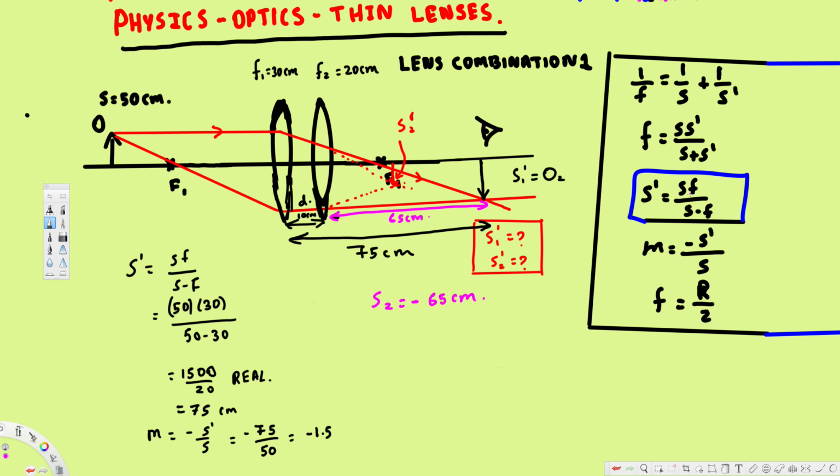Now we have the object distance. We are trying to find the image distance. Now we have all the information available because we know the focal length of the second lens, that is 20 centimeter. So we can apply this equation to find S2 prime. Let's call the first one S1 prime. S2 prime is going to be the image distance of the second lens, actually the second image. So S2 prime is going to be S2 times F2 over S2 minus F2, and S2 we know is negative 65 centimeter, times F2, which is 20 centimeter.